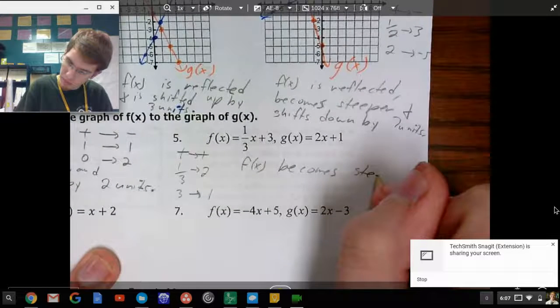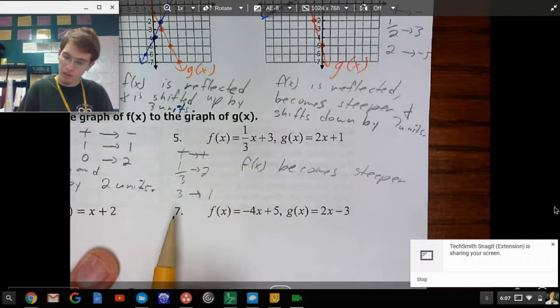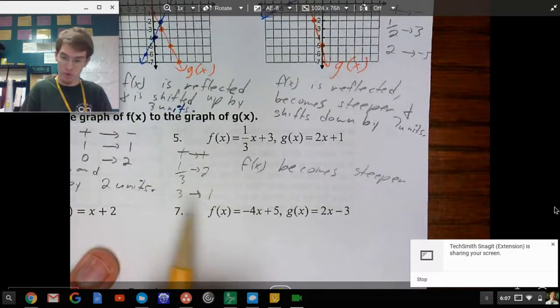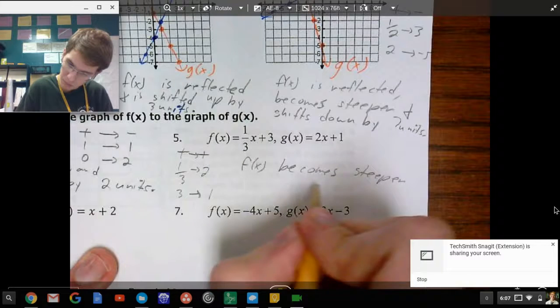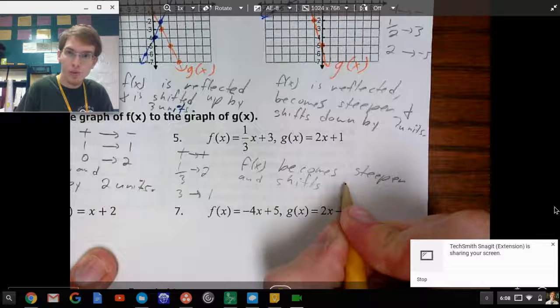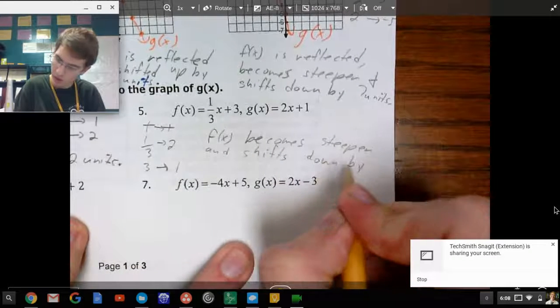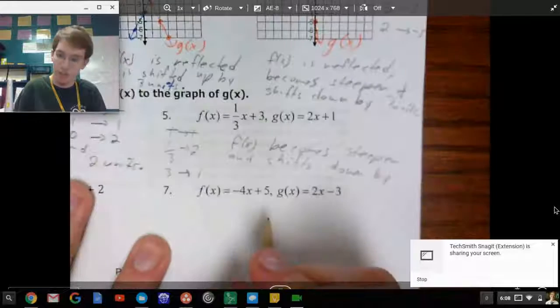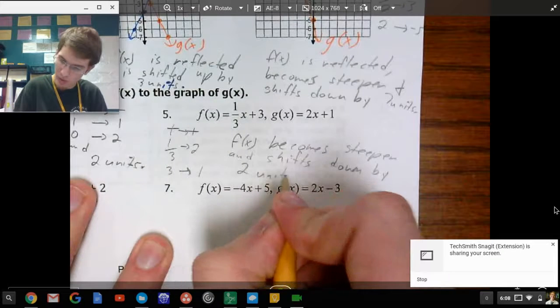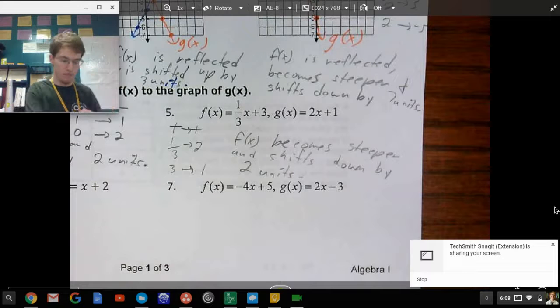That number went up. And then looking at the y-intercept, it went from a 3 to a 1. And so it shifts down by 2 units.